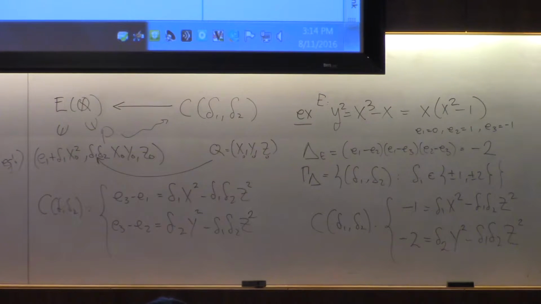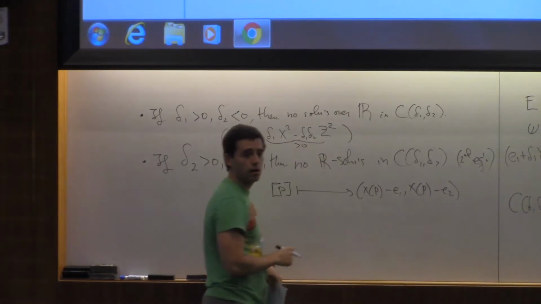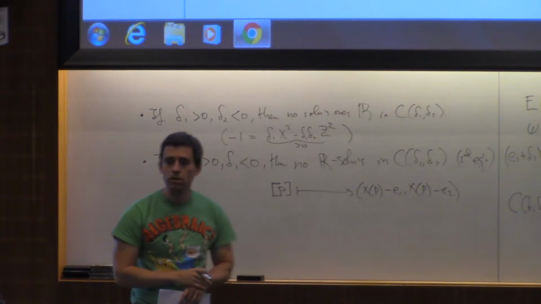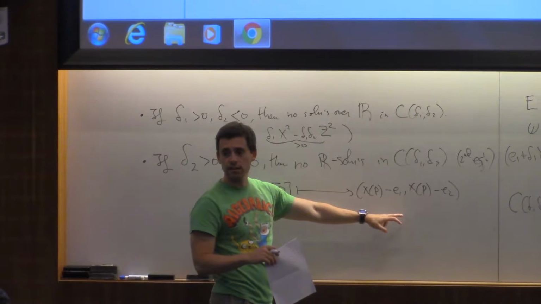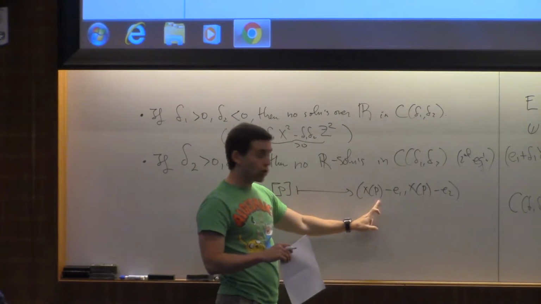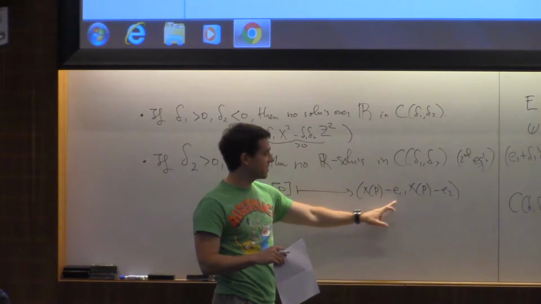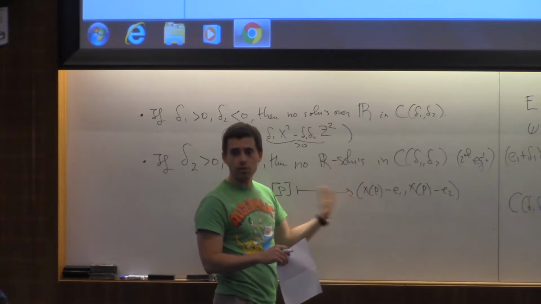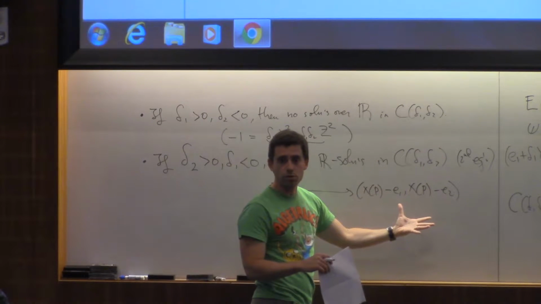P goes to xP minus e1, xP minus e2, and you take the square free part of those numbers. That was my map from points to pairs of deltas. But obviously that doesn't work. If the x-coordinate is e1, I get a problem because that's 0, and then there's no square free part there. And if x is e2, I get a problem too.